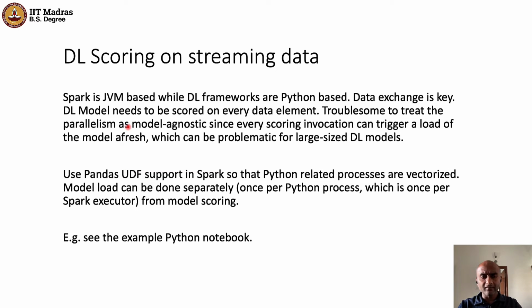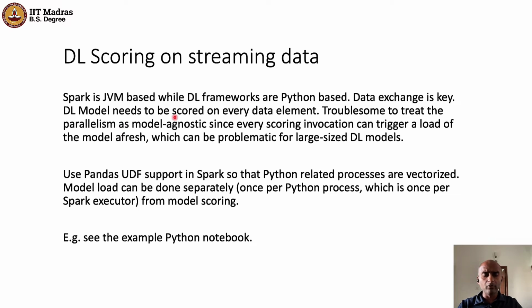Now, the parallelism that is available for streaming frameworks, where you have multiple executors, is typically model agnostic. So every scoring invocation will trigger a load of the model afresh. For a small model like a decision tree, this doesn't make a big difference, but for large deep learning models, it becomes problematic.